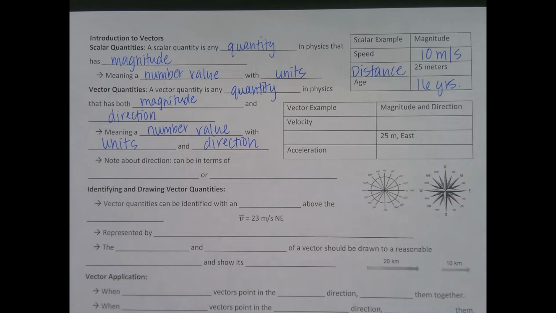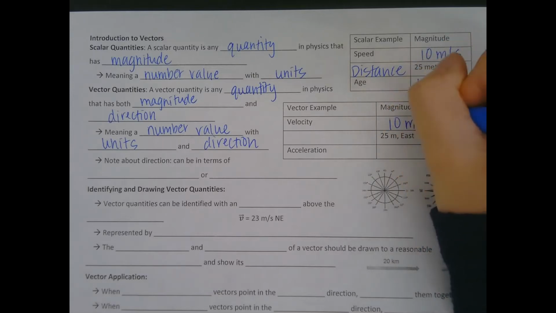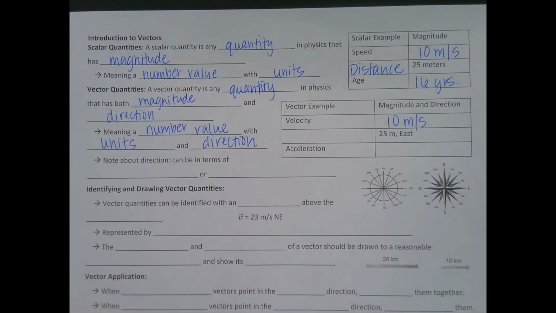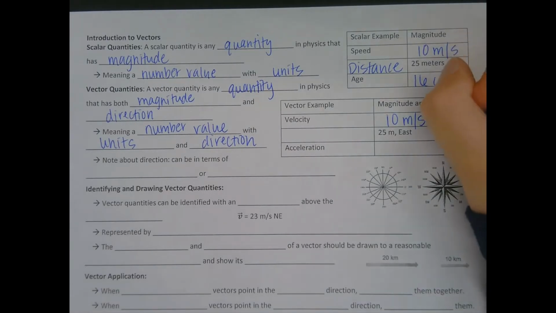So if I'm looking at velocity here then, compared to speed, how could I say that my speed is actually a velocity? 10 meters per second, and I need a direction, right? So pick a direction. West.